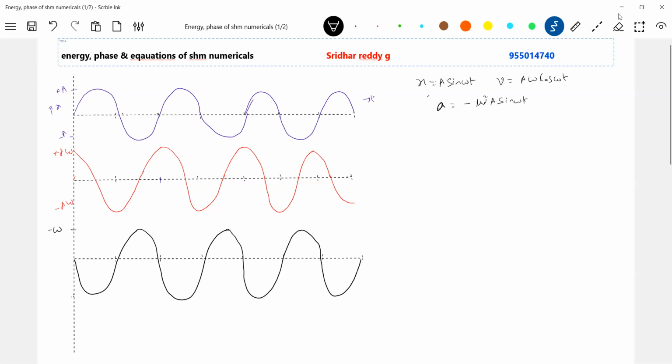This is minus omega square a. I'll plot one cycle. What do you mean by one cycle? This is one cycle.